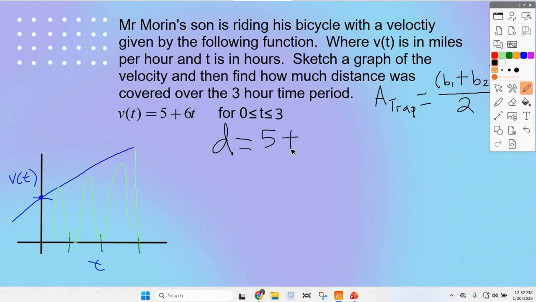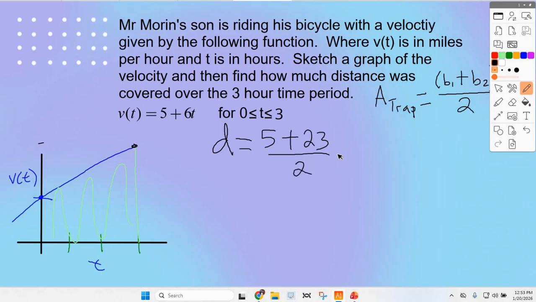I want to do 6 times 3 plus 5, because I'm plugging into the line equation. Basically, wherever this intersects is going to be my height at that point, and that line is given to me by that equation. So we get 18, and then we add 5, so we get 23.